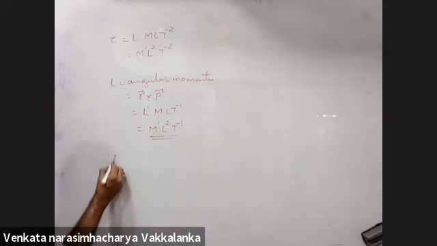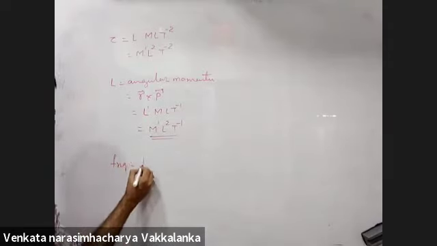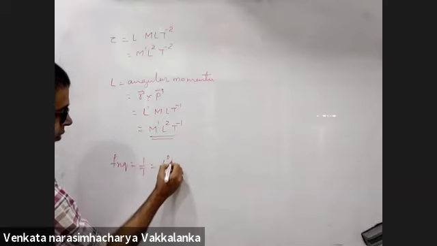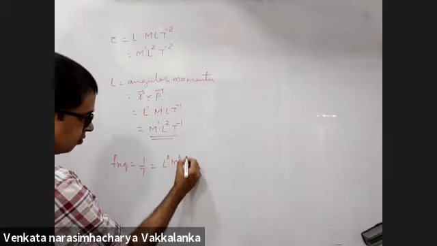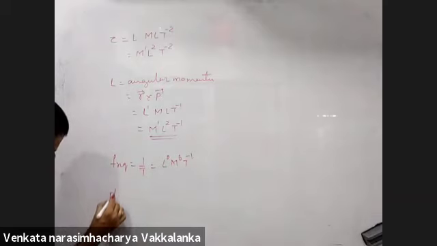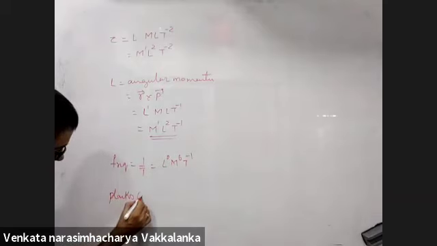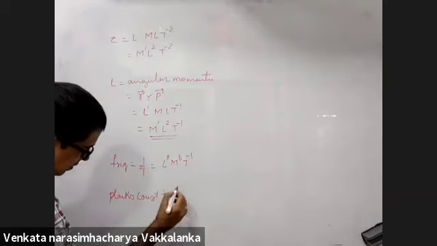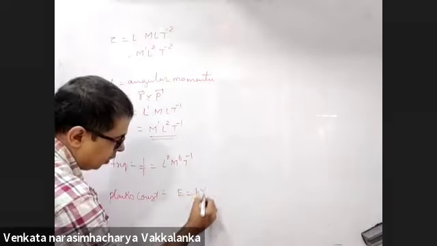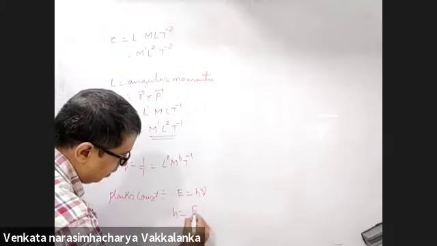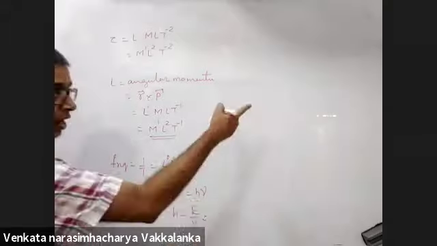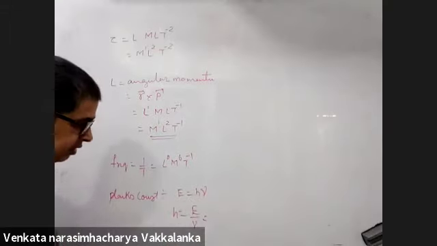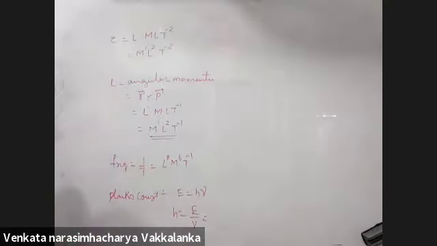Frequency, 1 by time period, L to the power 0, M to the power 0, T to the power minus 1. Planck's constant. E equal to h nu. H is equal to energy by nu. Energy we already calculated. Tell me the dimensional formula of energy.